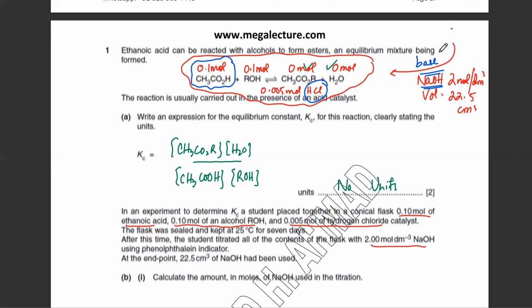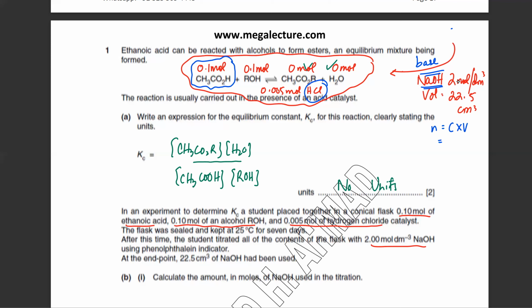Bases react with acids. So the first thing is to calculate the amount in moles of NaOH used. So find the moles. How many moles do you have? Concentration times volume. So it's going to be 22.5 divided by 1,000, times 2 mole per dm cube.